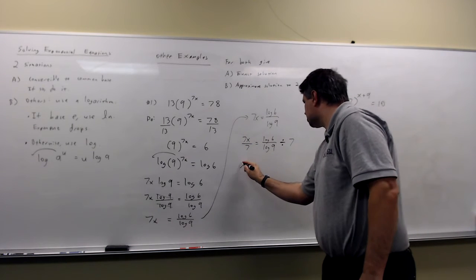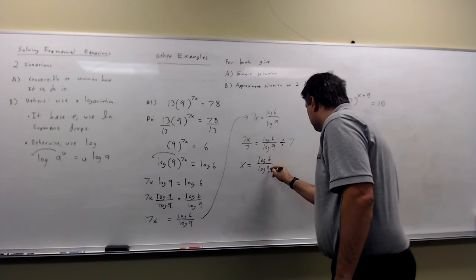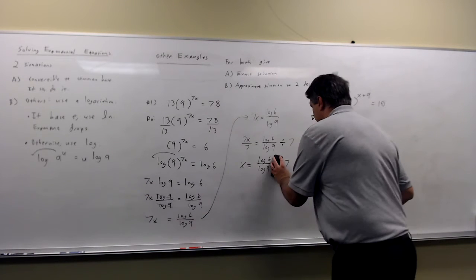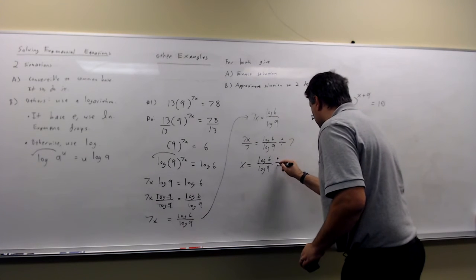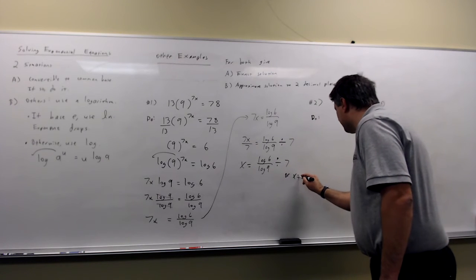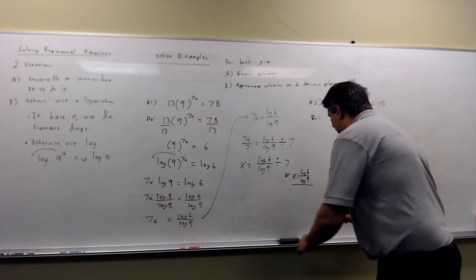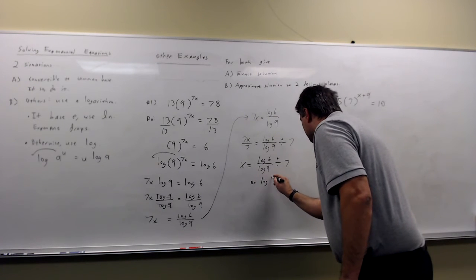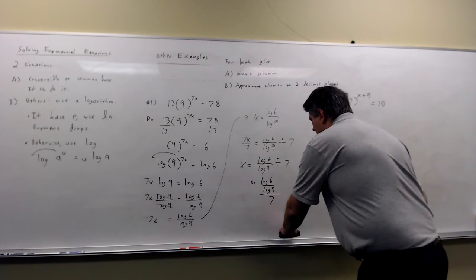So x equals log 6 over log 9 divided by 7. Okay, and I want to make those division symbols more clear. Alternatively, you could also describe this as x equals log 6 over log 9 divided by 7, or log 6 over log 9 over a bigger fraction bar with 7.